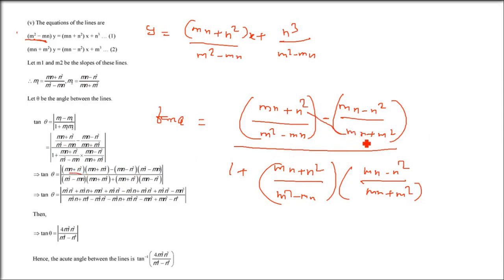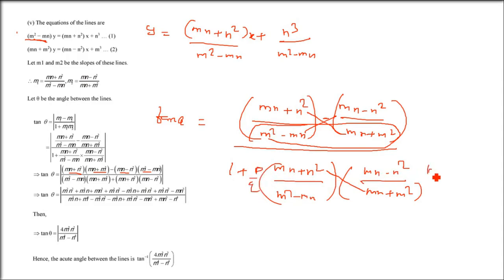So this two will come and cross multiply, means taking LCM actually. I'm multiplying m square minus mn and mn minus n square. These two multiplication I did. And in the denominator you will get this m square minus mn and mn plus m square. Here also if you see this in the denominator, because this is 1 plus. So this m square minus mn and mn plus m square.